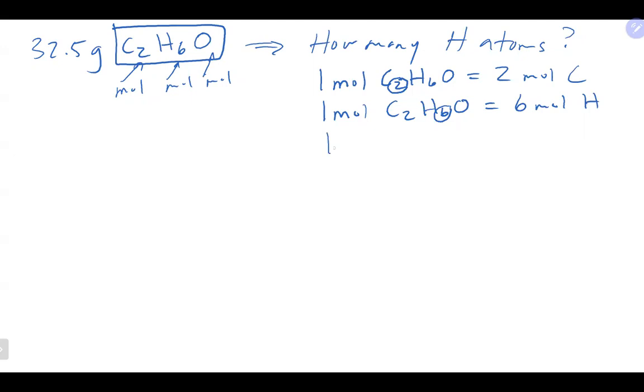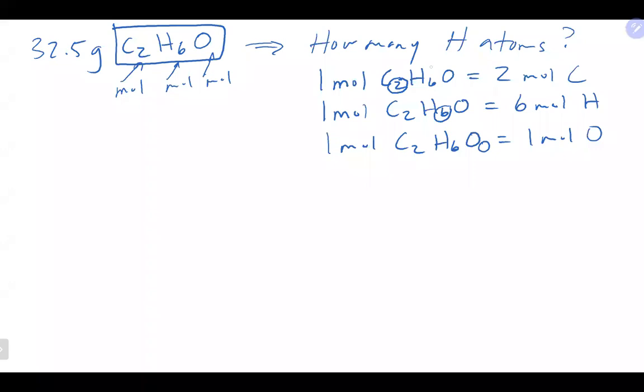And in 1 mole of the entire thing, there is 1 mole of oxygen, which comes from here. So you come up with a mole-to-mole relationship for each of the elements in the formula. That allows you to go from the entire thing to just the specific element you're interested in.